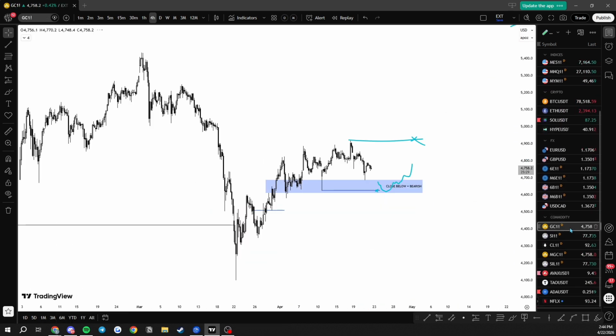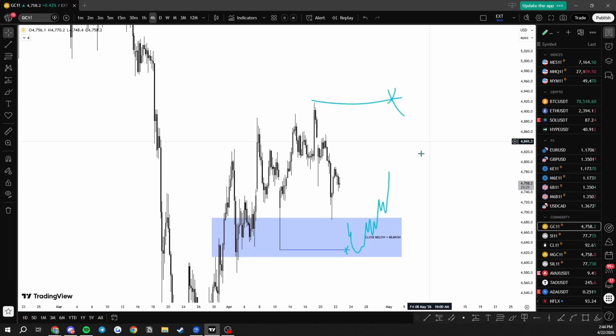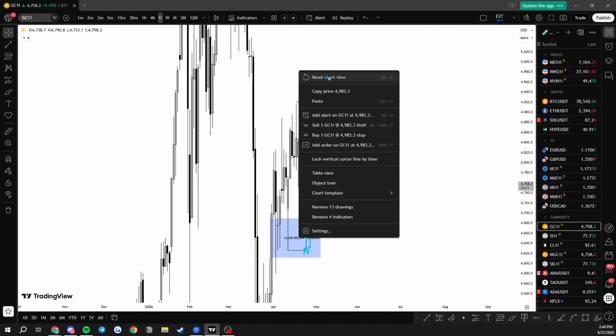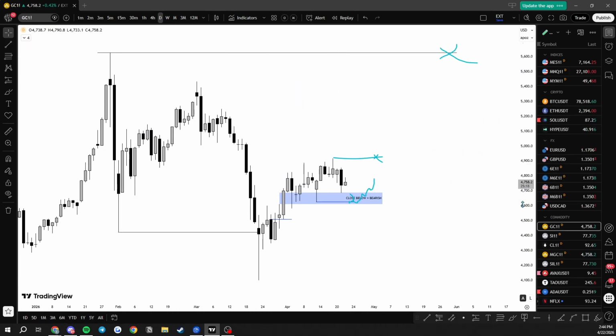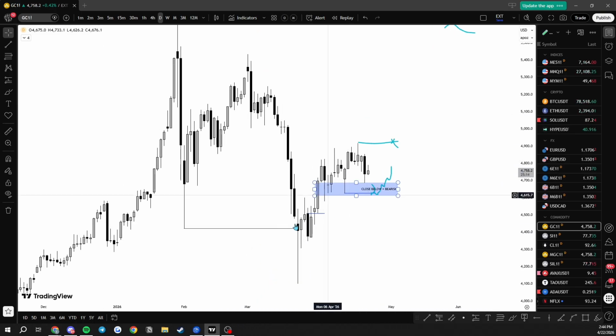What else we got? We got gold. We're still waiting for gold. Gold's doing its thing. Like we said, it's just kind of viewing this as consolidation. And there's nothing wrong with consolidation, especially on the buy side of the curve. We expect that we get one of two scenarios in consolidation.